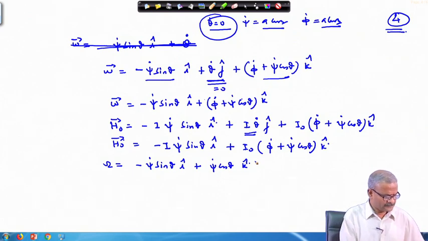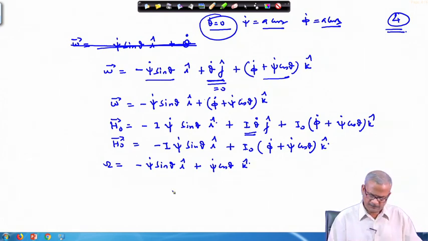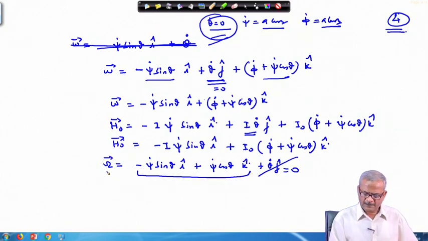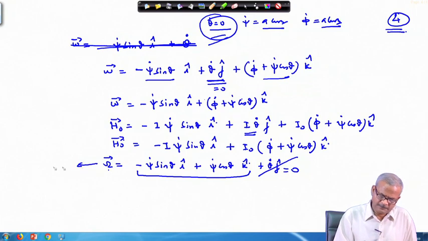Capital omega we have written by the equation minus psi dot sin theta I cap, and there was one more term which was theta dot times j cap. This term drops out because of this condition, and we get only this term. So, this is your angular velocity of the frame, okay, not the angular velocity of the disc.